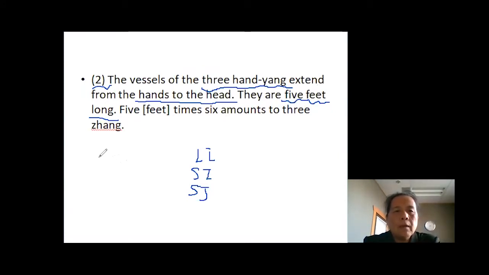Here feet has the same meaning as 尺. We talked about the 尺 before.